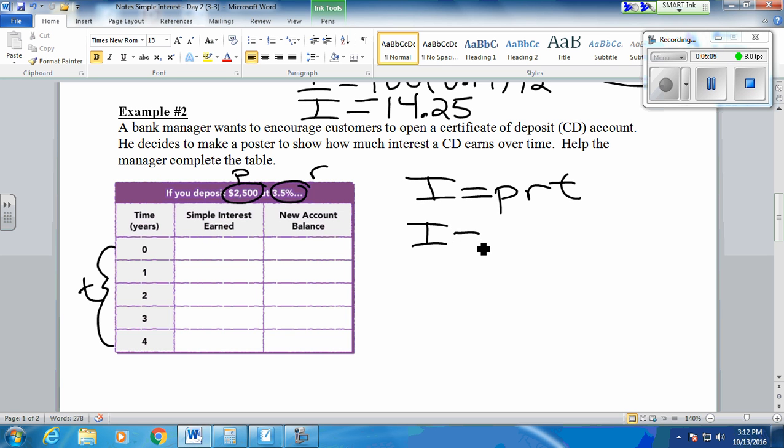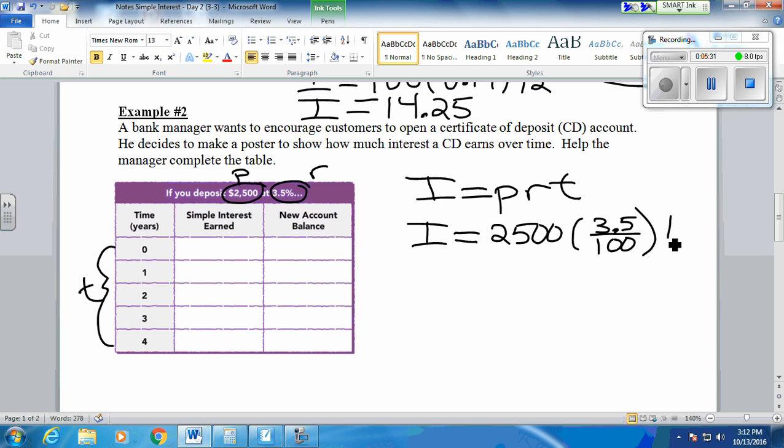I'm looking for the simple interest earned, so I will place $2,500 in the principal. The rate will be 3 5/10% divided by 100, all times, oh, in this case, I'm going to put in 1. If I put in 0, I'd want you to notice that this was a 0, wouldn't that cancel everything out? So in the first year, that's why you don't earn any interest.